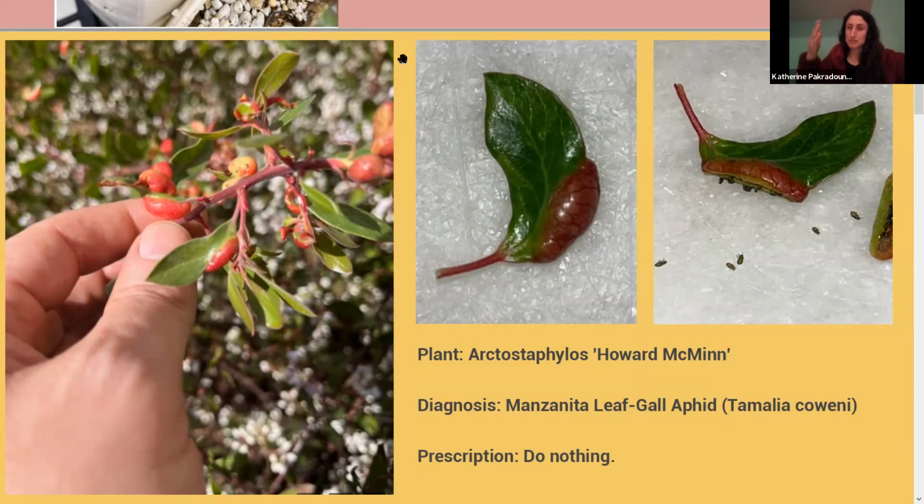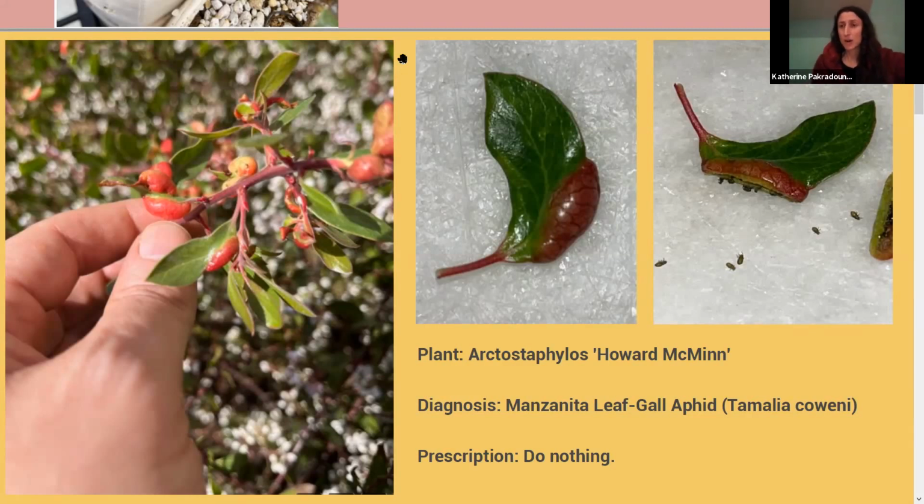What they do is they burrow into the leaf and adapt the leaf to be basically a nest so that they can breed, and they just use the leaf as their nest. And so there's really nothing to do about it. You can see when the gall was opened, you can see the insects themselves coming out.